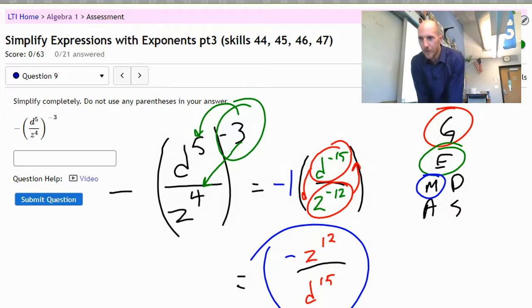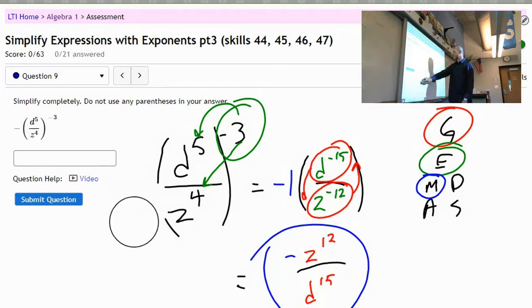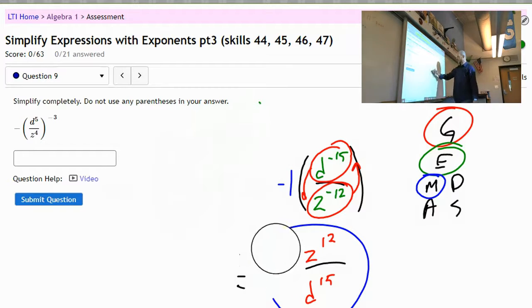Okay, so now we get to skip some stuff. We've done problems like number 10 already, like number 11, like number 12. 13, we'll probably look at 13. It's not too hard, but I want to make sure we don't get tricked.